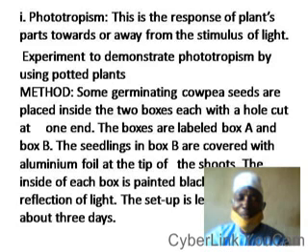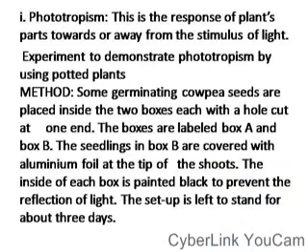Then the boxes are labeled box A and box B. The seedlings in box B are covered with aluminium foil.